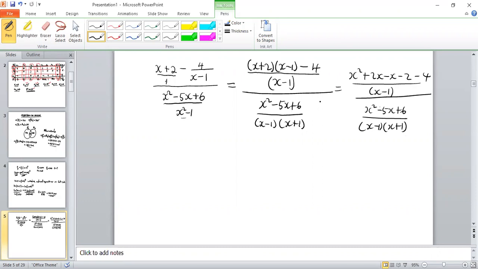Now the numerator, let's get that equation, which is x squared minus x minus 6. The product is -6, the sum is -1. The factors, of course, are -3 and +2.